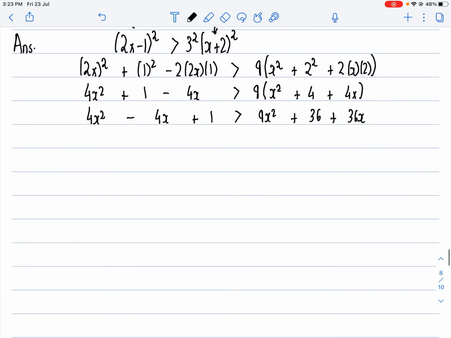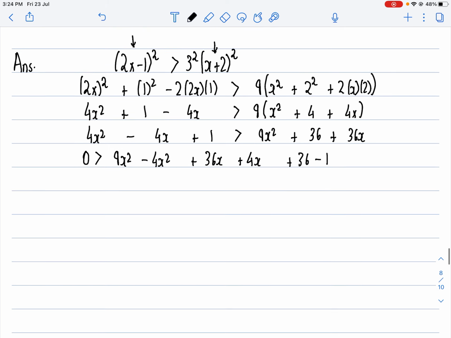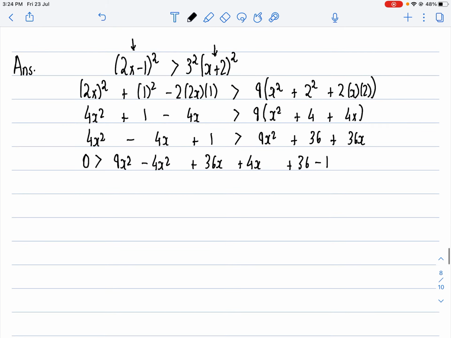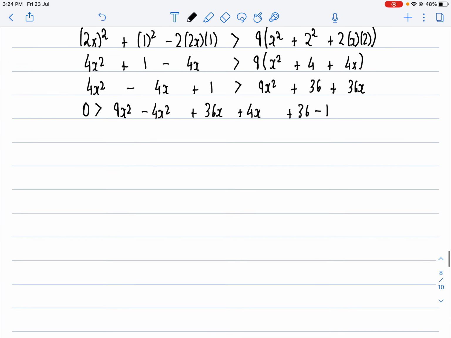Now I can get everything on one side, let's say to the RHS. So I get 0 more than 9x square minus 4x square plus 36x plus 4x plus 36 minus 1. This is what I get as my equation.